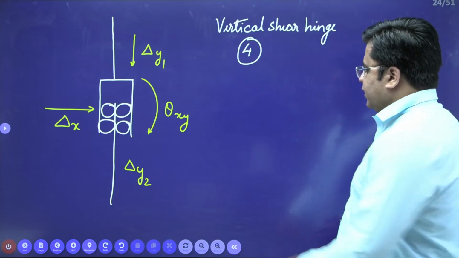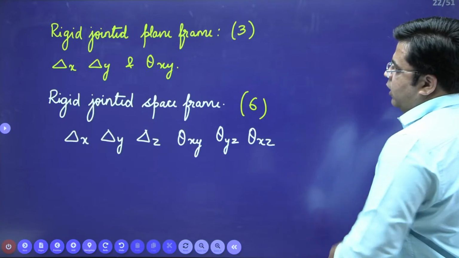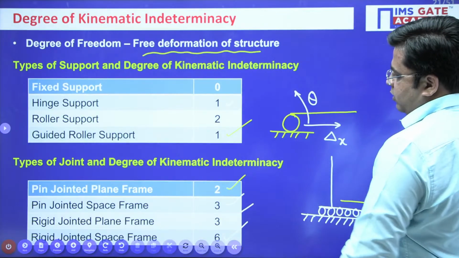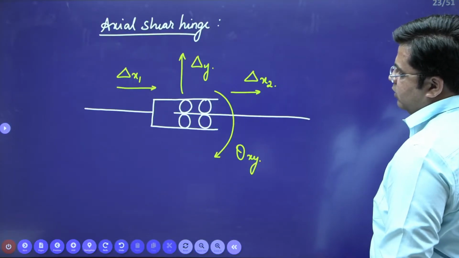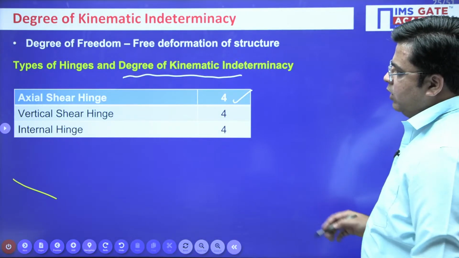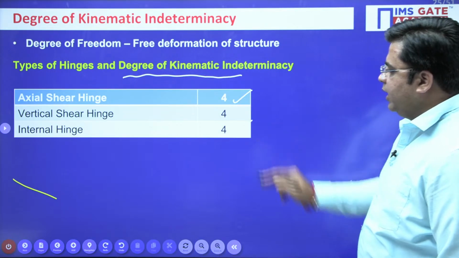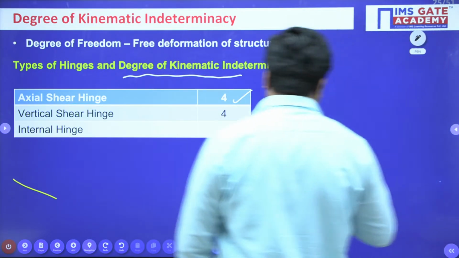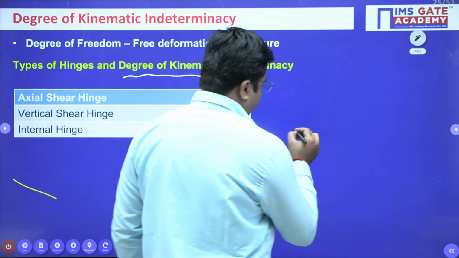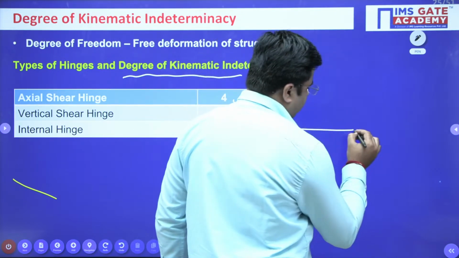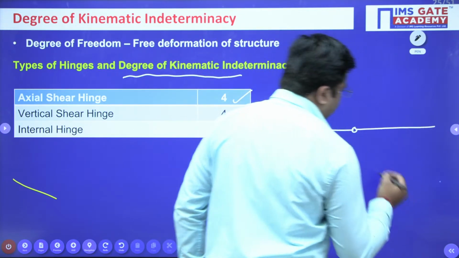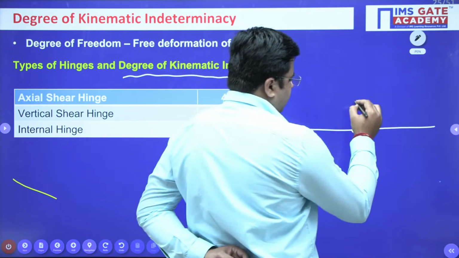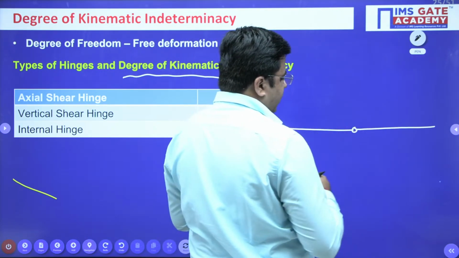Next one is your internal hinge, right? And I have already told you, for your internal hinge like this, it can have these varieties of movement.